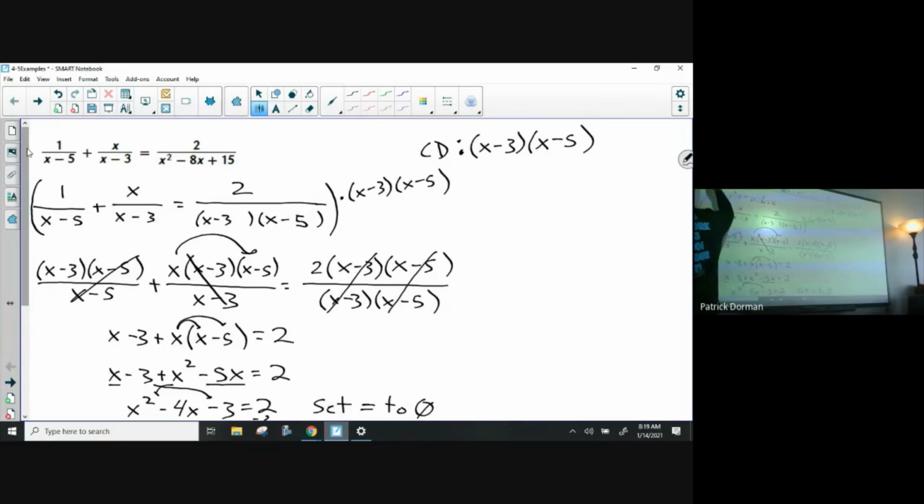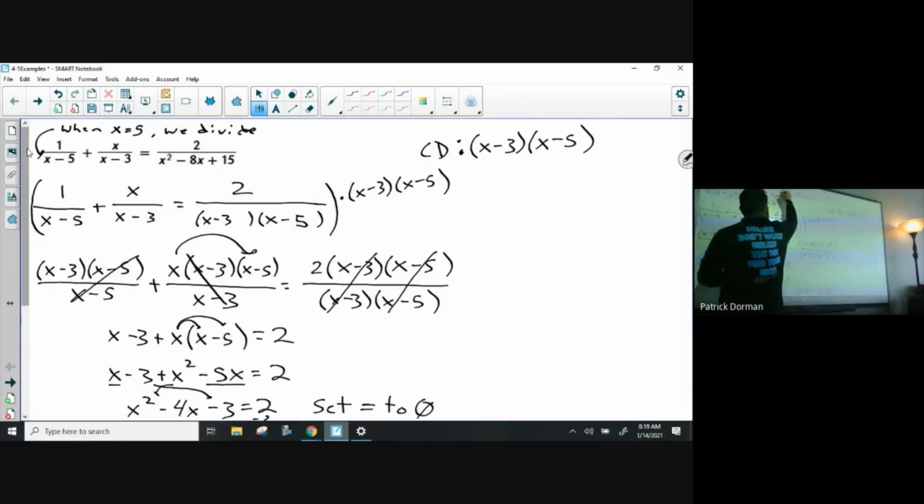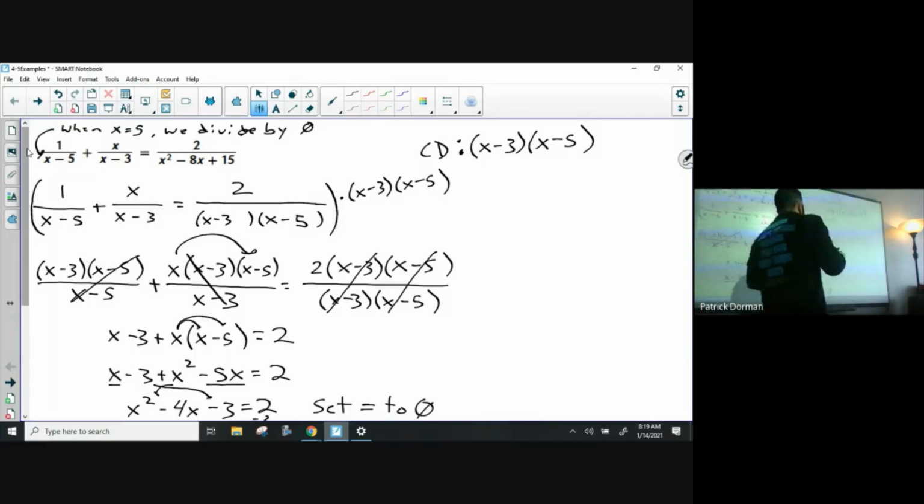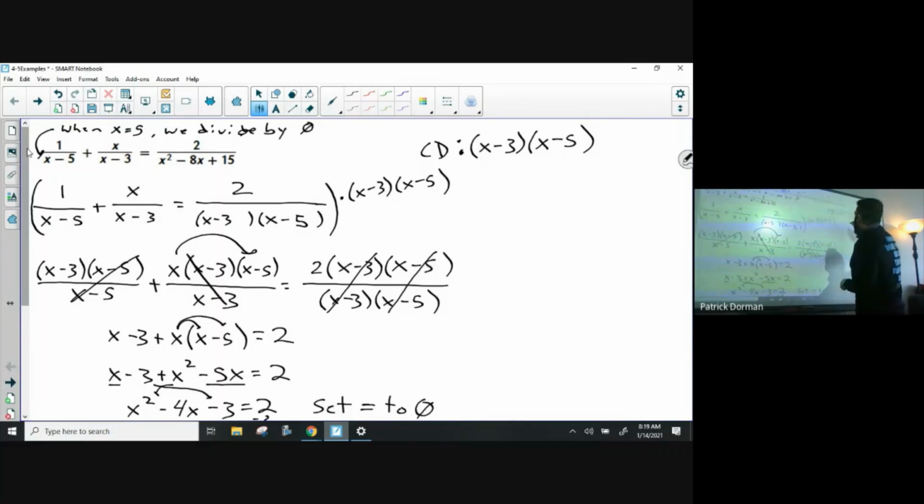And I've got to think, okay, if I plug 5 in here, right? So when x equals 5, we divide by 0, which is a no-no. So that means that x equals 5 is an extraneous solution.